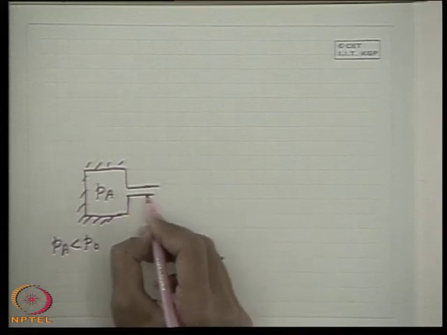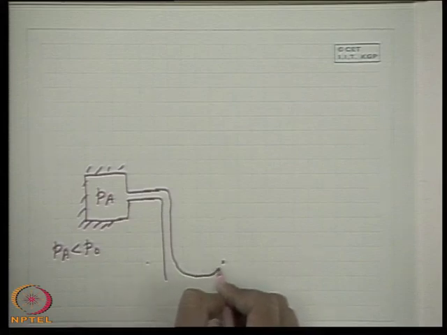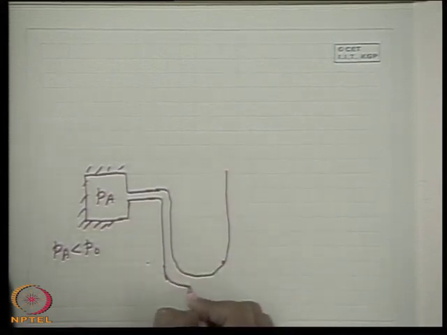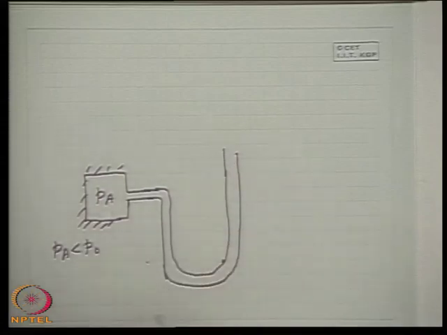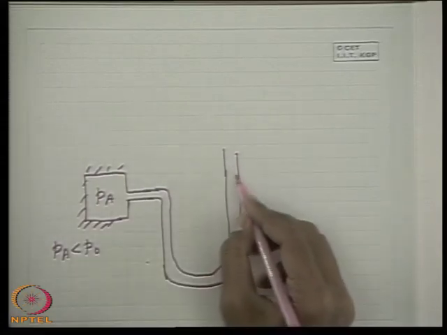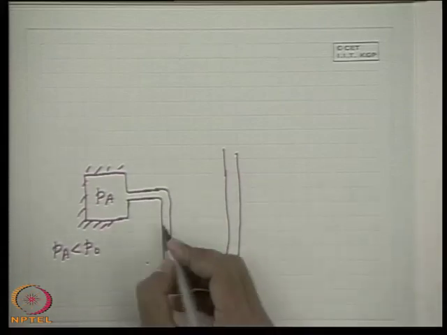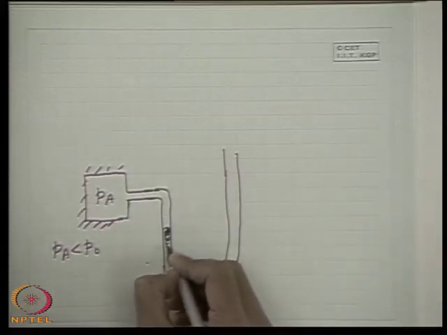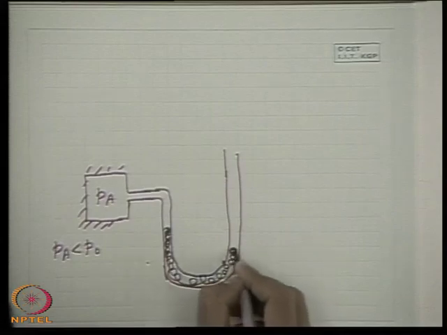If I attach it to a manometer, that is a transparent U tube, and Pa is less than P0, then the atmospheric pressure will be more. So, therefore, this tube will adjust like this. This will be the adjustment in that case.